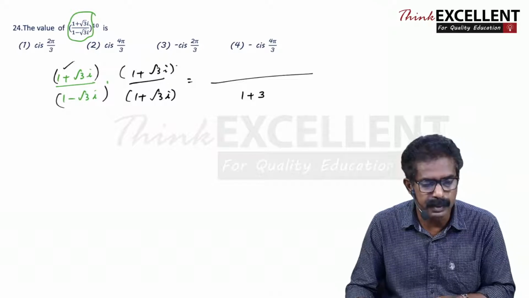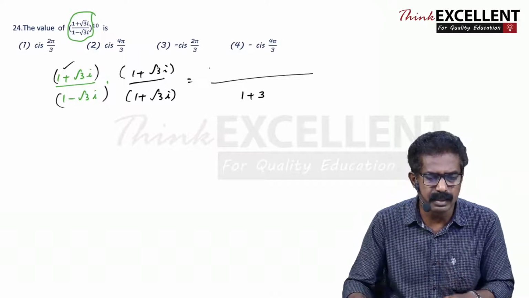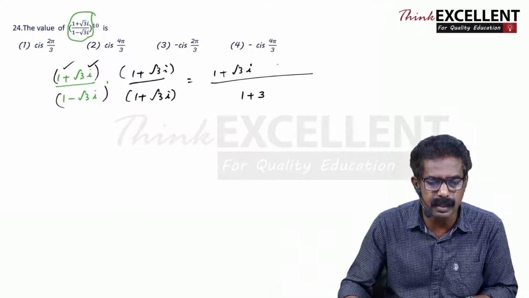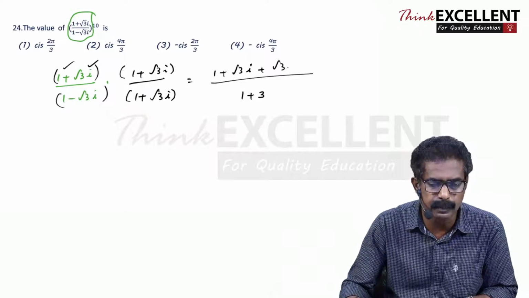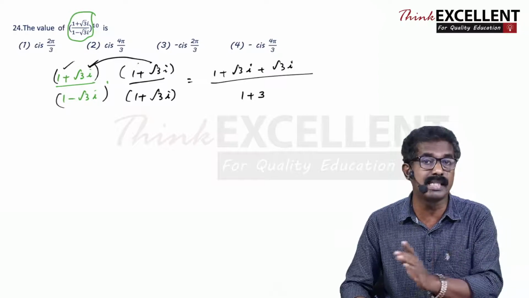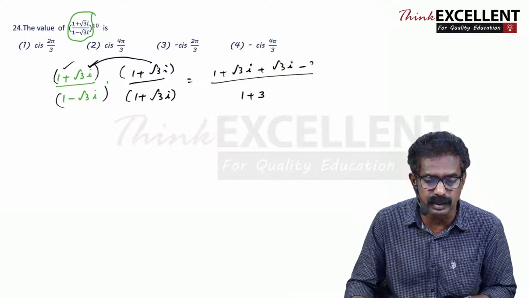Numerator, you multiply term by term, or a plus b the whole square, right? Any method, or term by term you multiply. 1 by this 1 you multiply, 1 plus root 3i. By this root 3i you multiply, so you'll get root 3i. Then first and last, do carefully, plus into plus it is plus, root 3 into root 3 is 3, i into i is i square, that is minus 1, so minus 3 you will get.